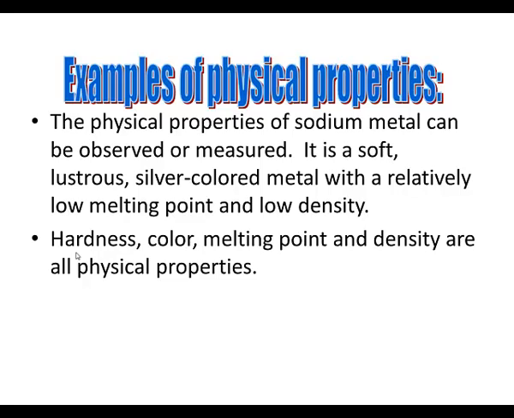When I look at its color, by looking at it, I'm not going to change it into some other type of element. I'm not going to make those atoms combine with something else. When I melt it, and I measure the temperature at which it melts, I am not changing the fact that I still have sodium atoms. Same thing with density.